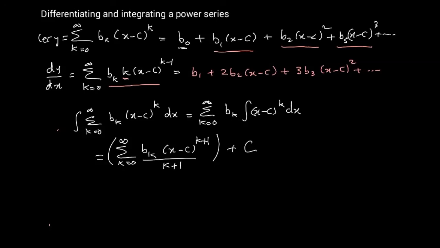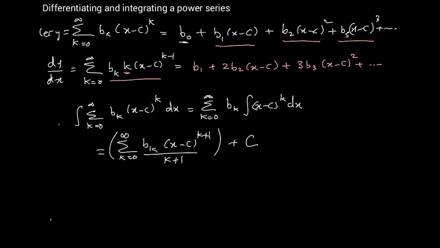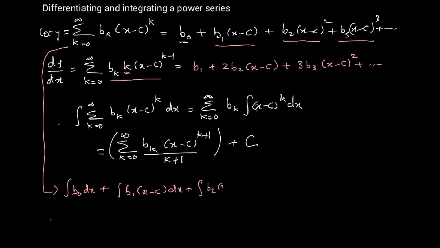If I integrate this term by term, I'm going to get the integral of b0 dx plus the integral of b1 (x minus c) dx plus the integral of b2 (x minus c) squared dx, and so on and so forth.